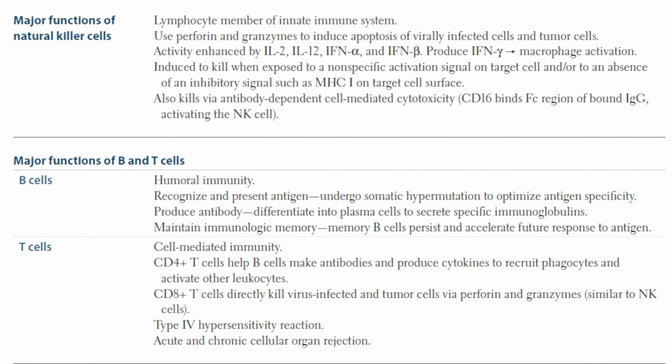Let's see. So coming back here to First Aid 2025, this is for Step 1. The major function of the natural killer cells, which are lymphocyte members of the innate immune system, is to use perforin and granzymes to induce apoptosis of virally infected cells or tumor cells. We just learned that.